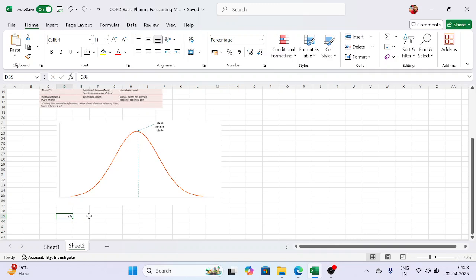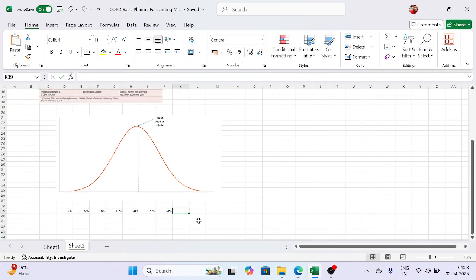If the drug was good, it increased to 8% the next year, then to 10% in the next year, and then slowly it increased to 15%, then 20%, and then let's say 25%. So 25% was the max share. After 25%, the drug share gradually started decreasing.